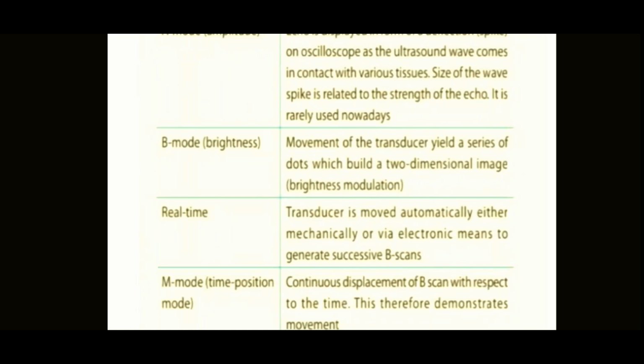We generally use the B mode, where the movement of the transducer yields a series of dots which build the 2D images. That is the brightness modulation mode that we generally call. The real time mode is also very commonly used.